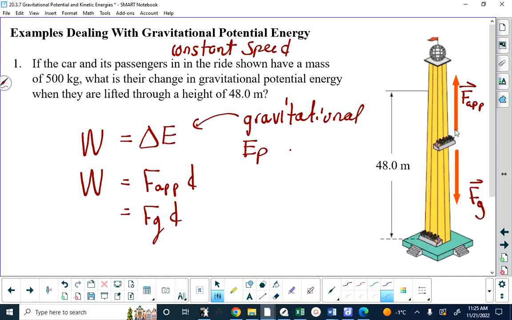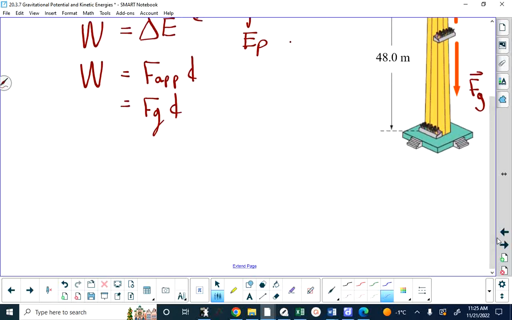Jay? Right. These two forces I've drawn are equal in magnitude because it's going at a constant speed. So the applied force is equal in magnitude. And I like that you said in magnitude because they're different forces, right? One's up, one's down. Force due to gravity can be found using mg, so we get mgd.